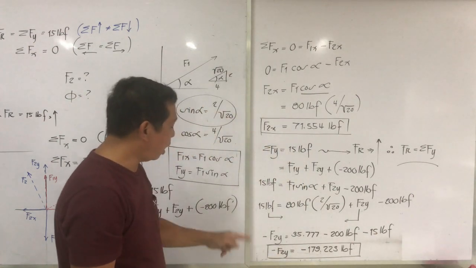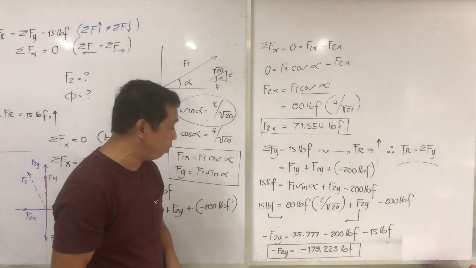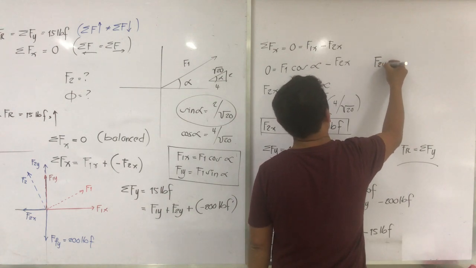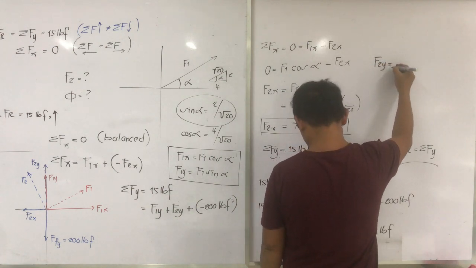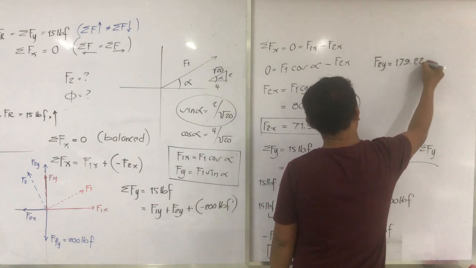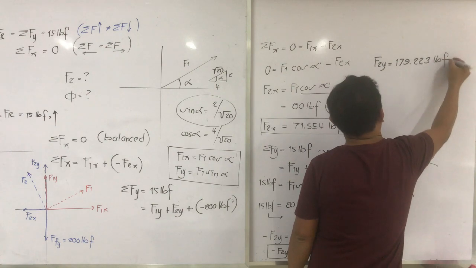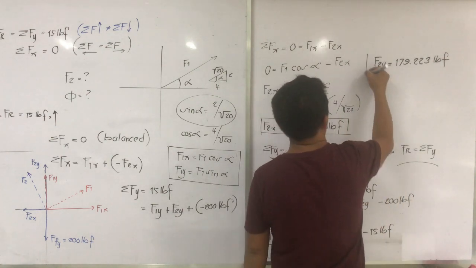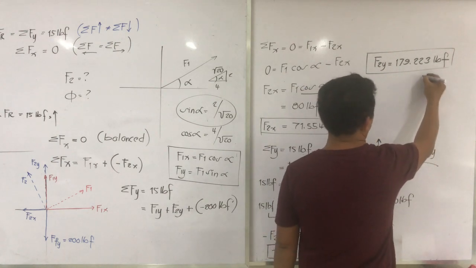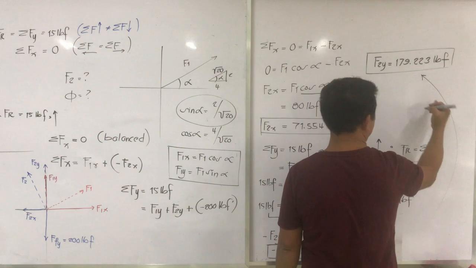Lalabas na ang negative F2y, which is equivalent to negative 179.223 pound force, would have to be, hindi ko lang siya isulat, F2y is positive 179.223 pound force. Saan ito nanggaling? Dito. Saan nanggaling?